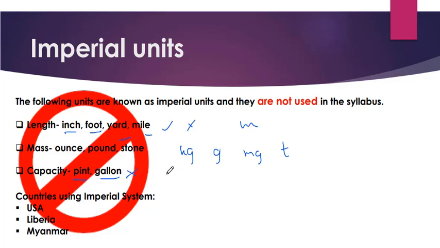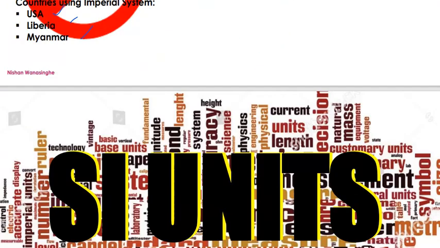We use cubic meters, liters, milliliters. Still some countries use imperial units: USA, Liberia, Myanmar. These three countries still use imperial units.